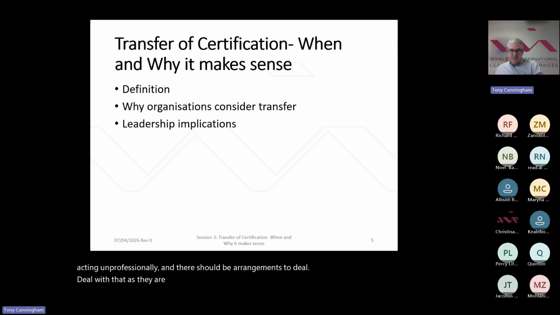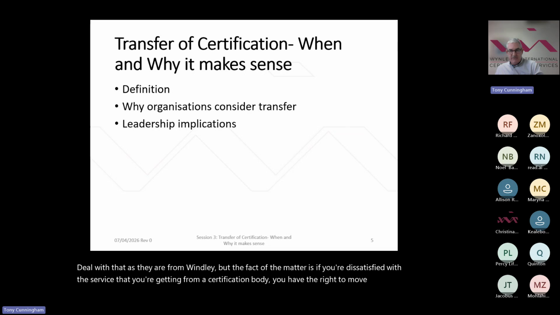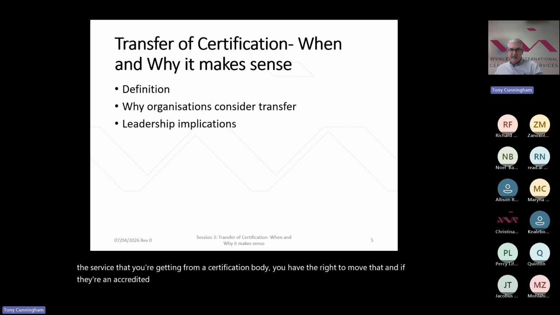But the fact of the matter is, if you're dissatisfied with the service that you're getting from a certification body, you have the right to move. And if they're an accredited certification body, it is less difficult than you would imagine.